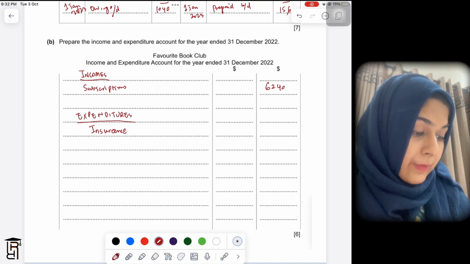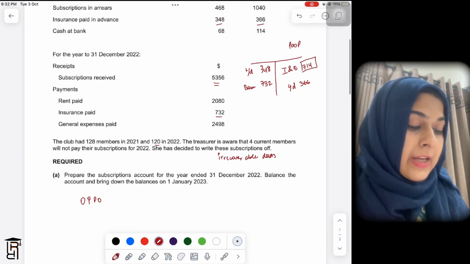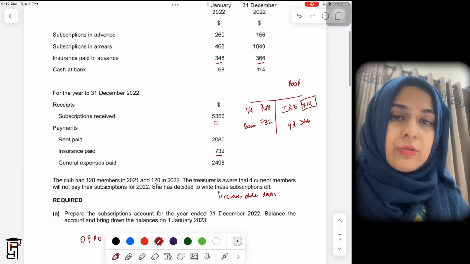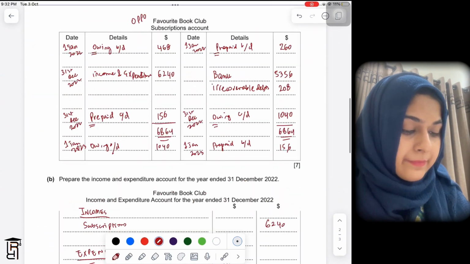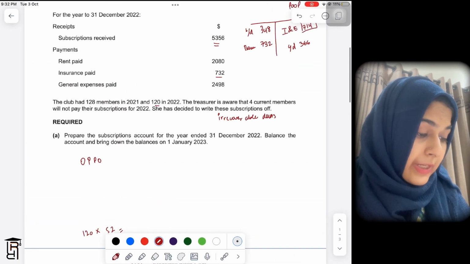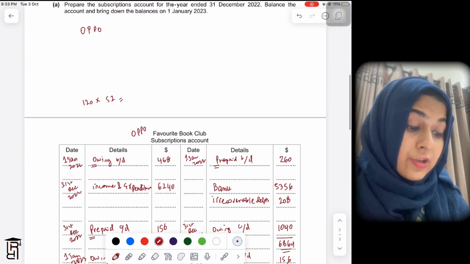you'll write here 714. Then we have rent paid. There is no opening or closing, owing or prepaid in rent. So you just write here rent, and this is going to be 2080. And then we have general expenses paid.